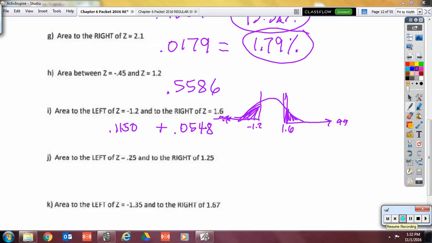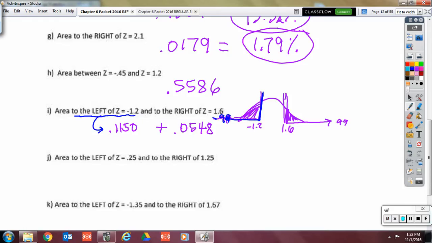Okay, so let's look at this second one real quick because it had two different sections. You had a section to the left of negative 1.2. So you had to norm CDF from negative 99 as your lower bound up to negative 1.2 as the upper bound. So this section, area to the left, is 0.1150.